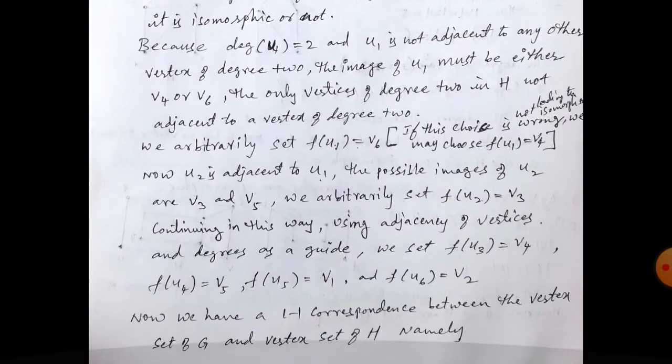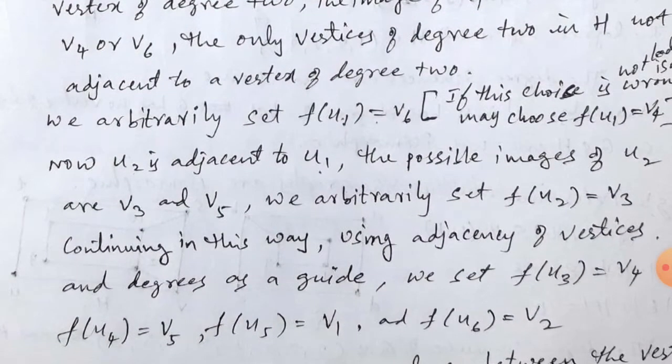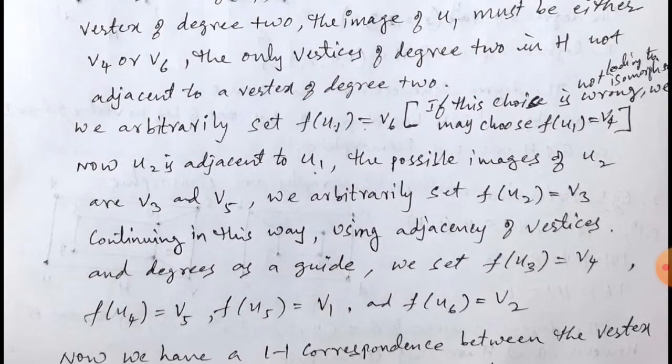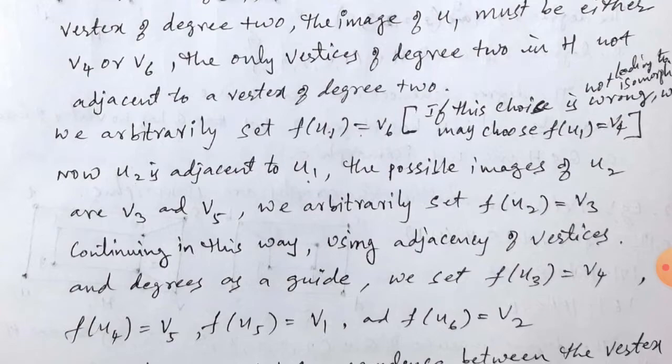Now when we are going to check, observe, u2 can go to v3 or v5. We arbitrarily set f of u2 equal to v3 here.